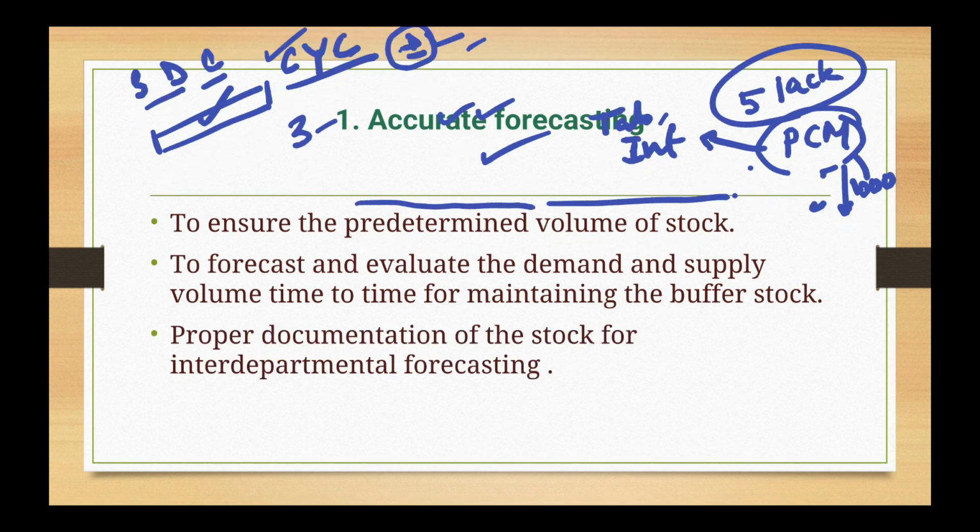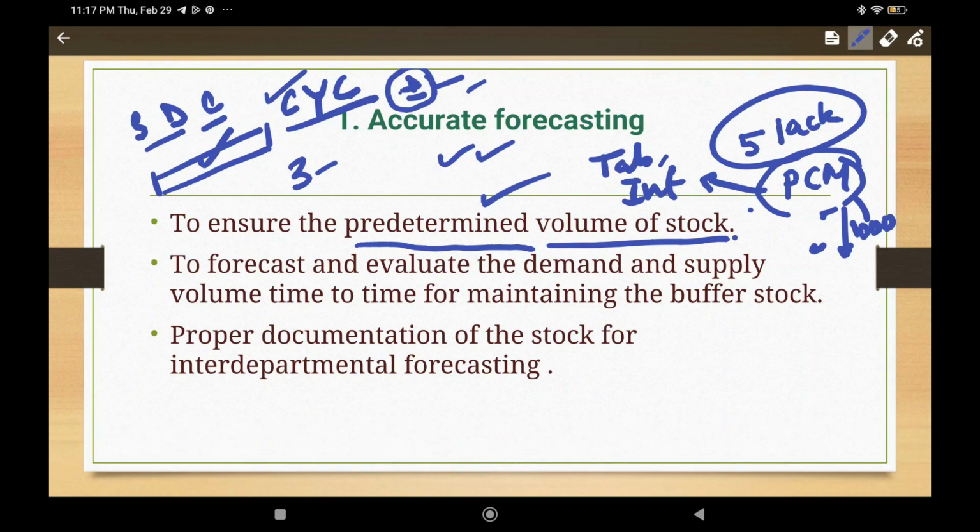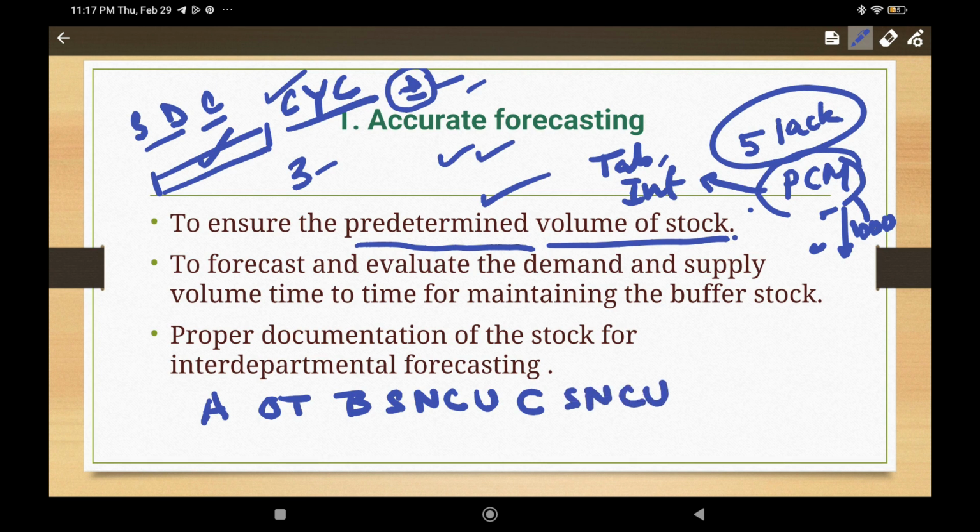Proper documentation of the stock for interdepartmental forecasting. Interdepartmental forecasting means ward wise. Suppose drug A is required for OT, drug B is required for SNCU. It may occur that drug C is required for SNCU and OT both.